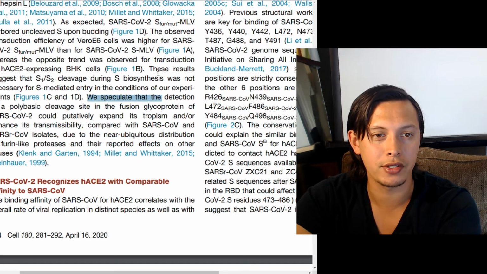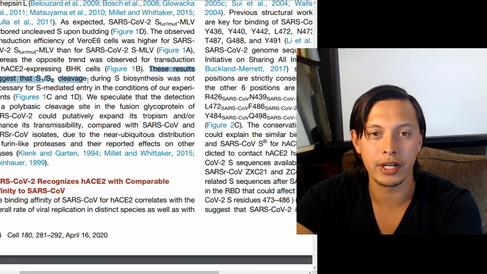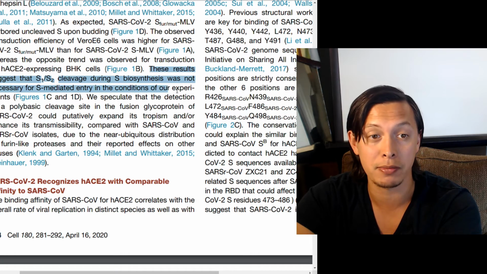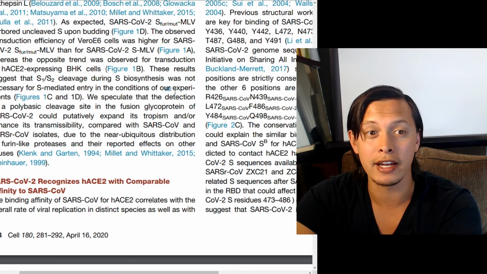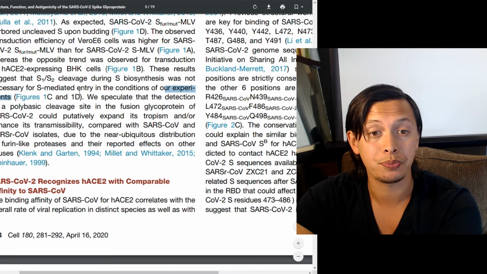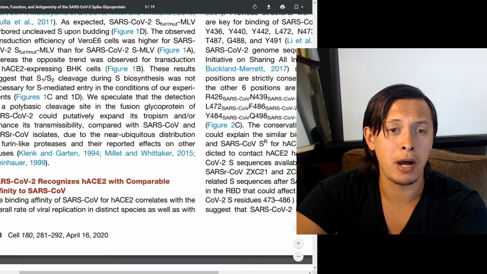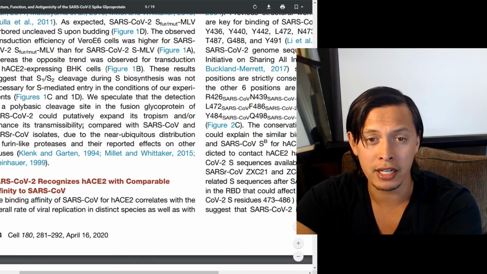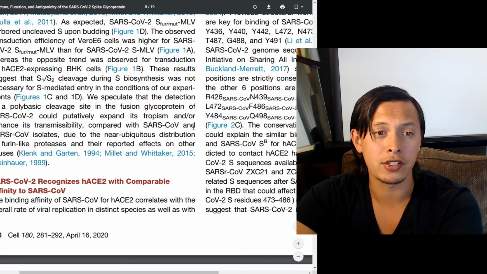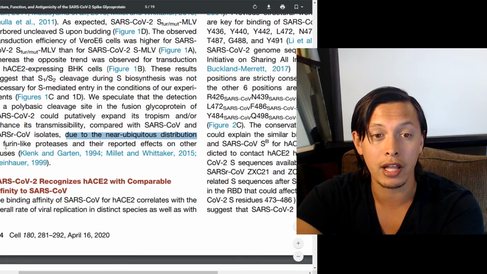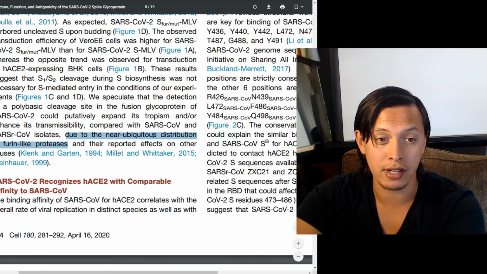So these results suggest that the S1, S2 cleavage during spike biosynthesis was not necessary for spike-mediated entry in the conditions of our experiments. So they were clear to say that in the conditions of their experiments, this is happening. That's not necessarily what is happening in the real world. So we speculate that the detection of a polybasic cleavage site in the fusion glycoprotein of the SARS coronavirus 2 could putatively expand its tropism and/or enhance its transmissibility compared with SARS coronavirus and SARS-related coronavirus isolates due to the near ubiquitous distribution of furin-like proteases and their reported effects on other viruses.